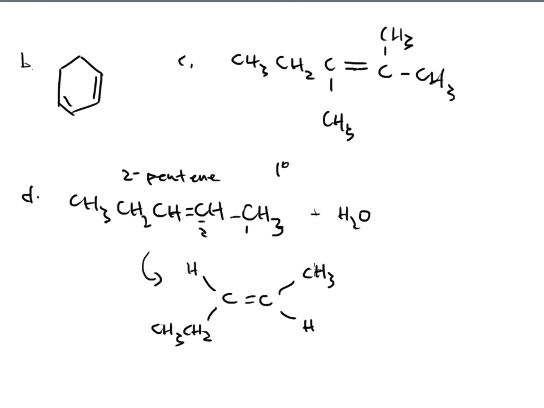It's still 5 carbons in total, so pentene. It's still happening at carbon number 2. That's where the double bond is. I give it the lowest group number. But here, I can actually put the word trans in front of it to tell you a little bit about the stereochemistry of that molecule. All right, so there's D.